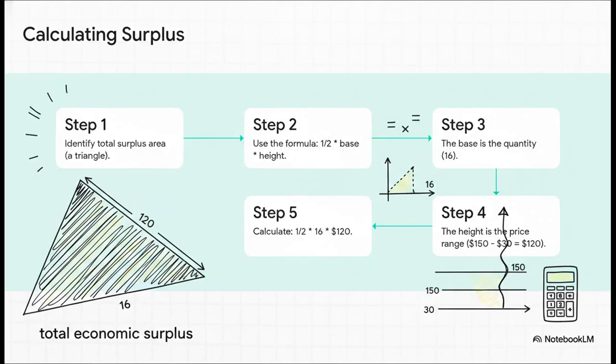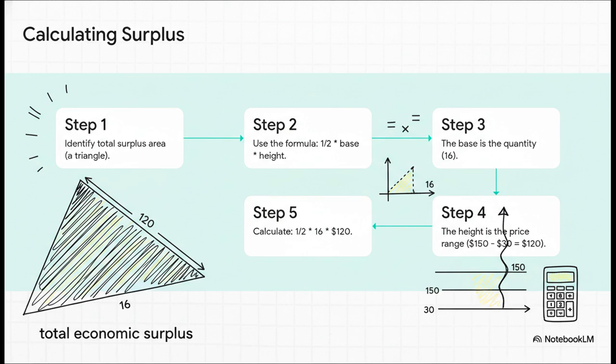So what happens when you add all that consumer happiness and all that producer profit together? You get what's called total economic surplus. And to calculate it, all we have to do is find the area of this entire triangle. The base is the quantity sold, which is 16. The height is the full price range, from the absolute highest a buyer would pay, 150, down to the lowest a seller would take, 30.